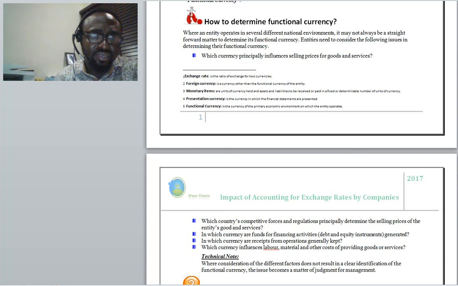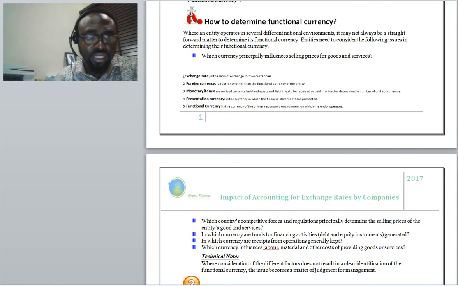But there's a technical note here. Where consideration of different factors does not result in a clear identification of the functional currency, the issue becomes a matter of judgment for the management of the entity to decide, and management will look at other soft factors to take a position, and this will be a judgment.